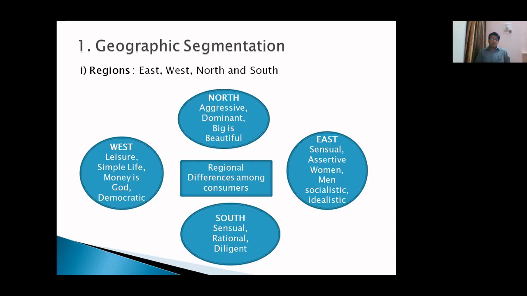And if we talk about West, leisure, simple life, for them money is God and they are democratic.